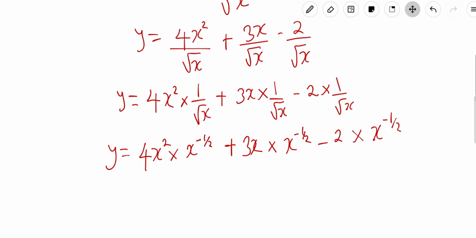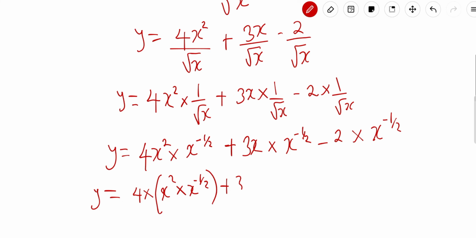Proceeding, y is equal to 4 multiplied by x squared multiplied by x to the power of negative 1 over 2, plus 3 multiplied by x to the power of negative 1 over 2, minus 2x to the power of negative 1 over 2.